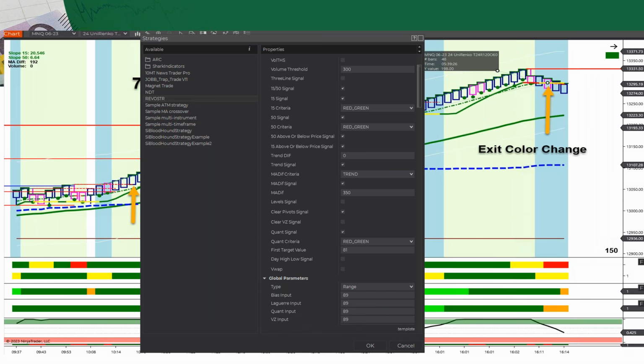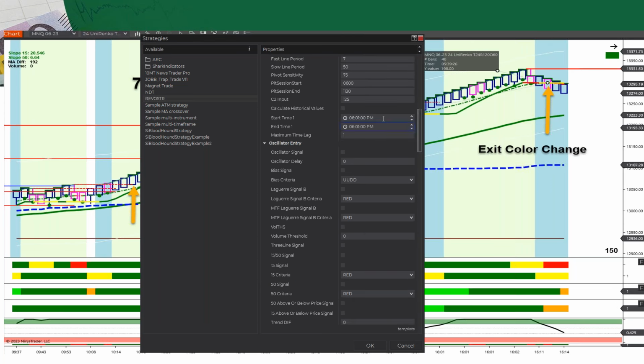It will pass on the trade and wait until it breaks the resistance. So that's why this number is very important. You can have it go on and go off whenever you want.